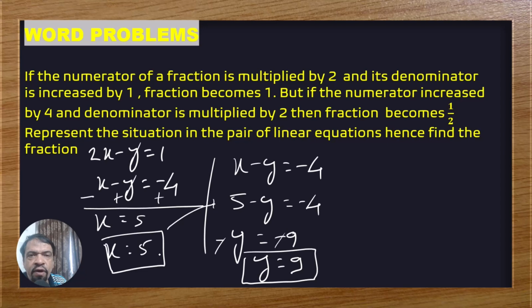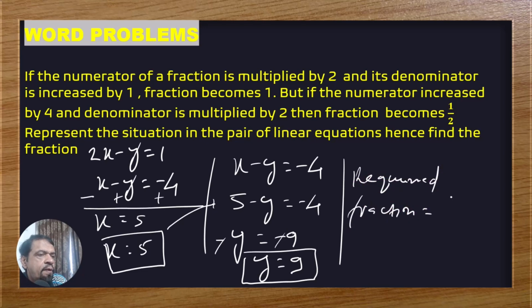So x is 5 and y is 9. So the required fraction is 5 upon 9. This is our answer to this question. The pair of linear equations we represented, and the second part, the fraction.